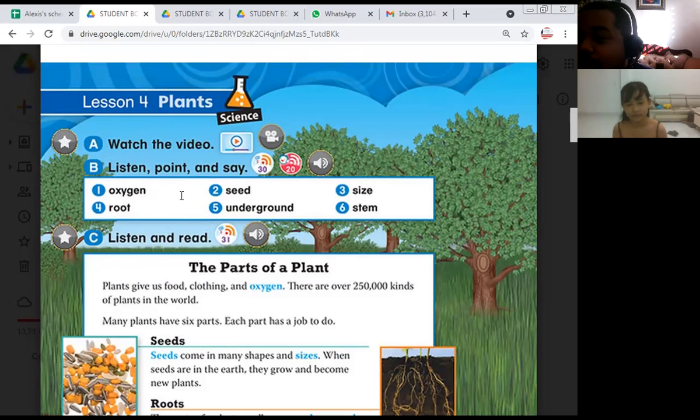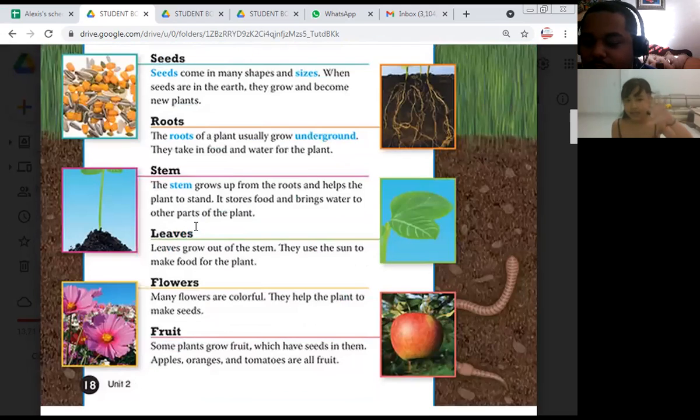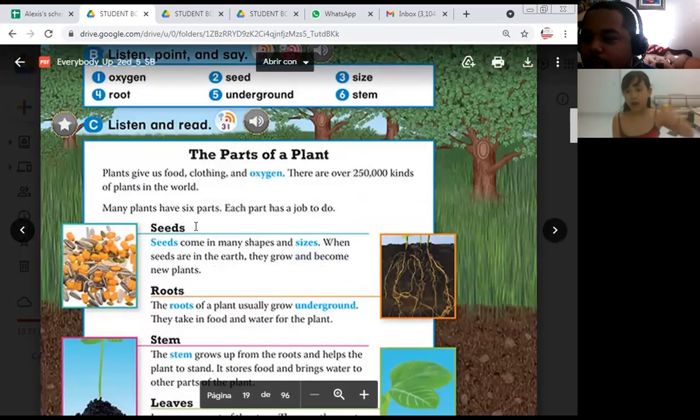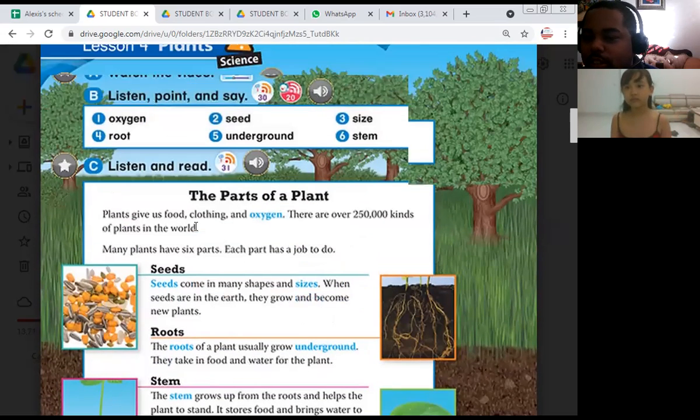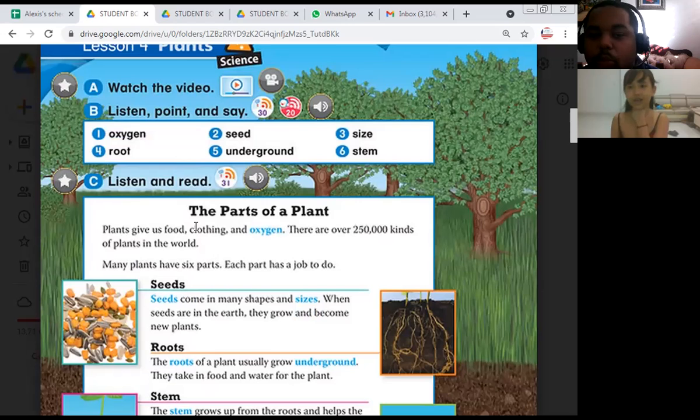Okay, and we also mentioned what those parts of the plants are for. For example, the oxygen. What is the oxygen for? Oxygen is how we, people, breathe. Yeah, oxygen is one of the elements that we can find in the air. If we can't find oxygen, we can't breathe. We cannot see it, but it's there.